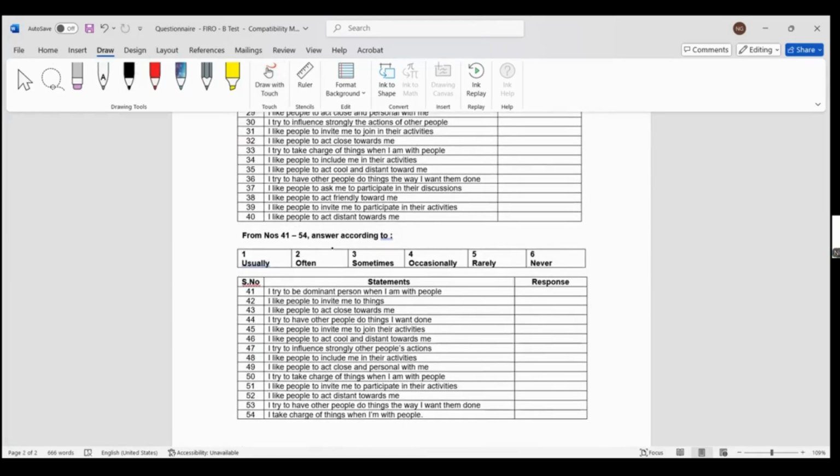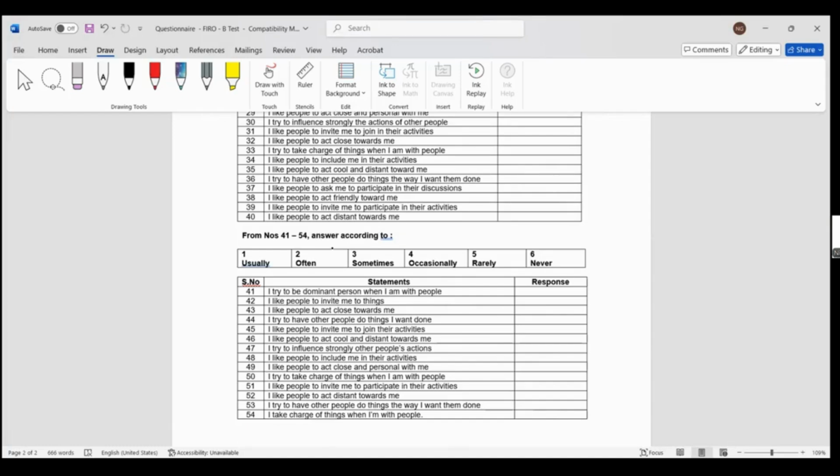This is the last section, 41 to 54. Okay. Now the scale is 1 to 6. Again, usually, often, sometimes, occasionally. I try to be a dominant person when I'm with people. Usually, often, sometimes. So what is your general behavior?